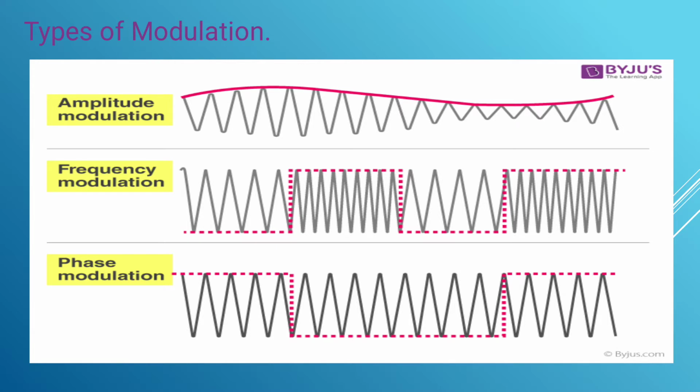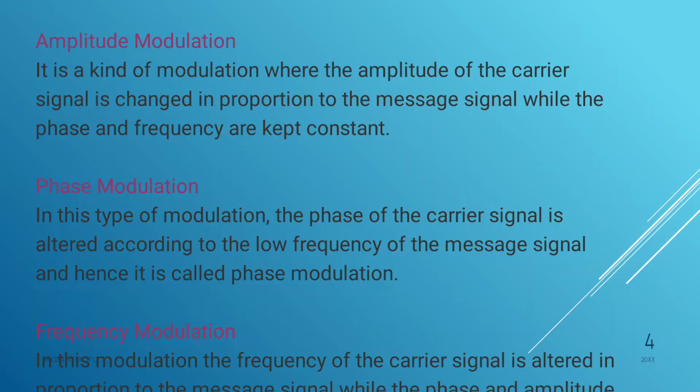We can observe the different types of modulation in the figures: phase difference, frequency difference and amplitude difference. In detail, we can discuss the different types of modulations and also their definitions.